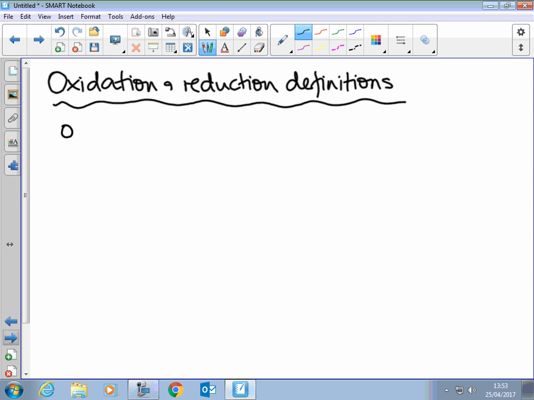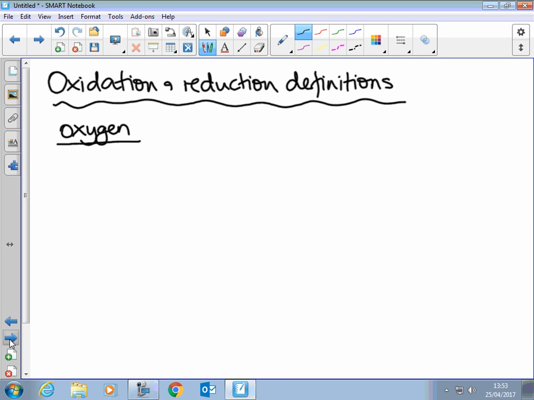Right, first one is the oxygen-based definition. It's not exactly difficult to work out that oxidation is probably to do with adding oxygen. Now, the other thing we're going to find is that whenever something's oxidized, something else has to be reduced. So the two things are just reverse processes, really. An oxidizing agent will be reduced itself, and a reducing agent will be oxidized.